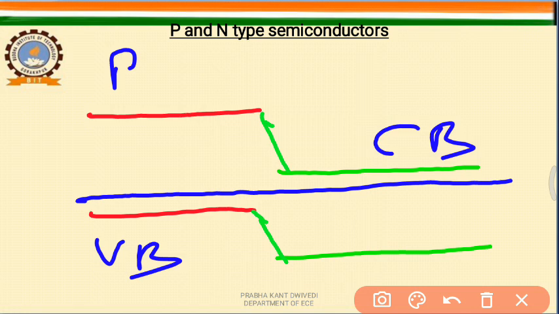After receiving the energy from the photon, this electron comes out of the bond, and if the photon has sufficient energy equal to the energy band gap of the semiconductor, then this electron jumps from the valence band to the conduction band, and an electron is created in the conduction band, and similarly a hole is created in the valence band.